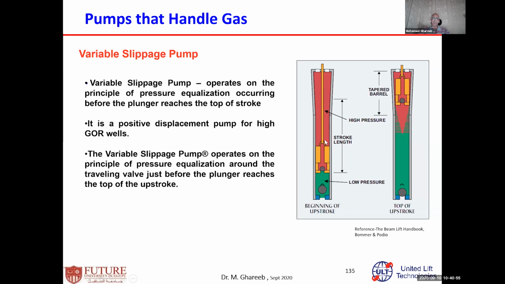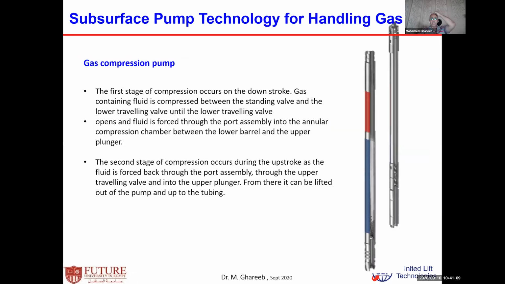Then the fluid starts to slip down, so there is more fluid below the pump, more fluid and less gas, and this reduces the gas interference. There are other geometries and configurations of the pump in the market.